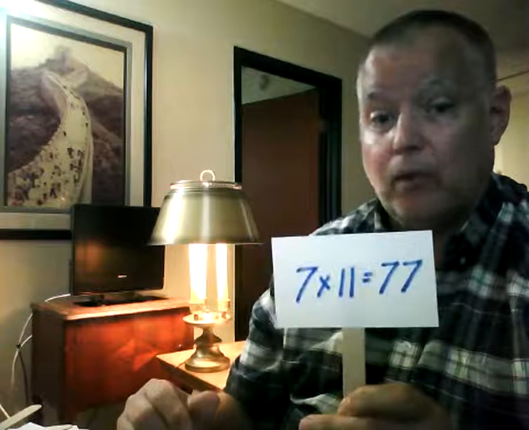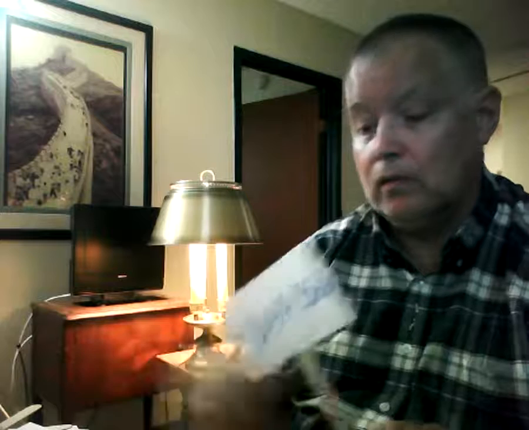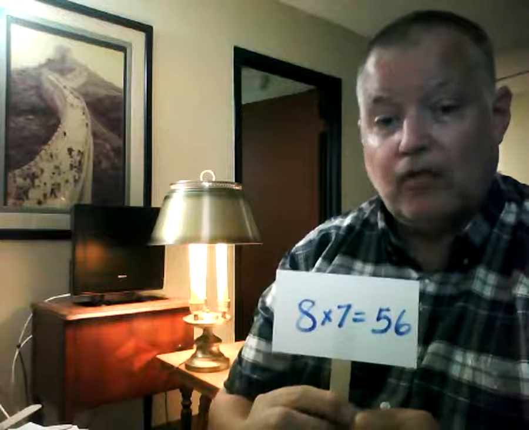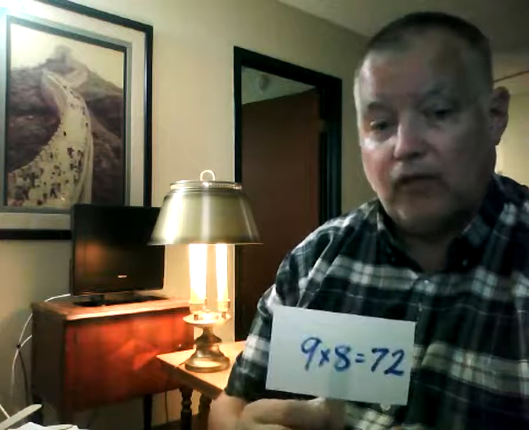My mistake was going back. 7 times 11 was 77. Should have stayed out of there. 2 times 5 is 10. 8 times 7 is 56. 8 times 8 is 64. 9 times 8 is 72.